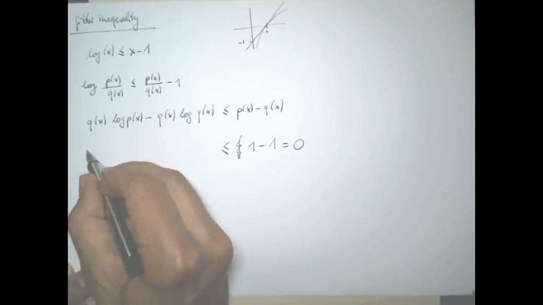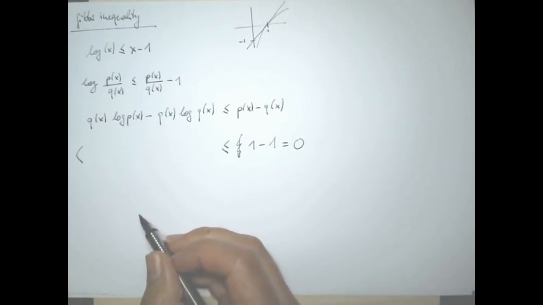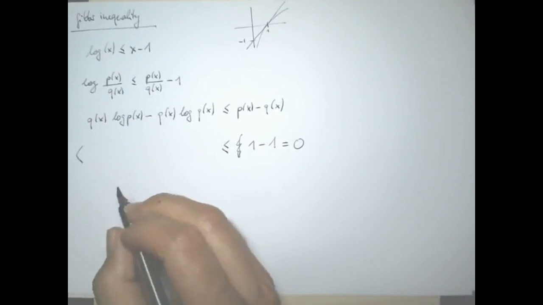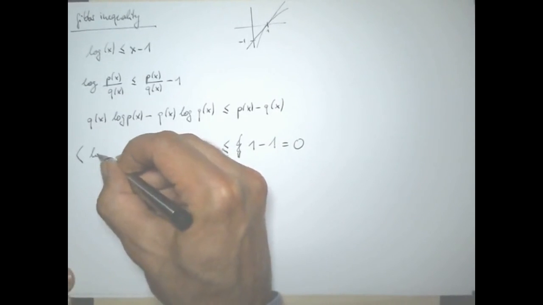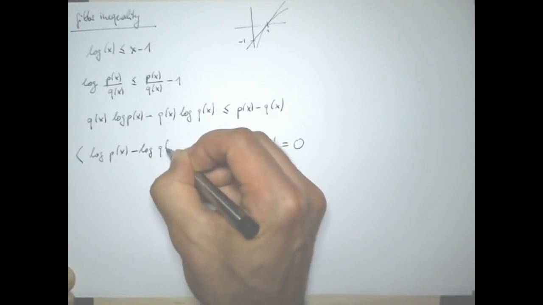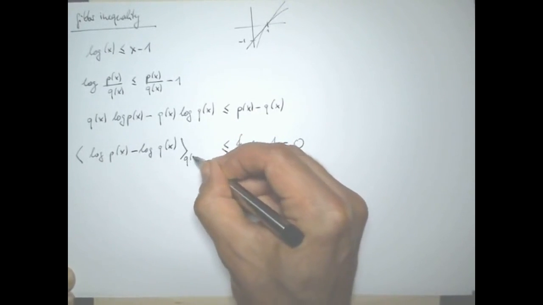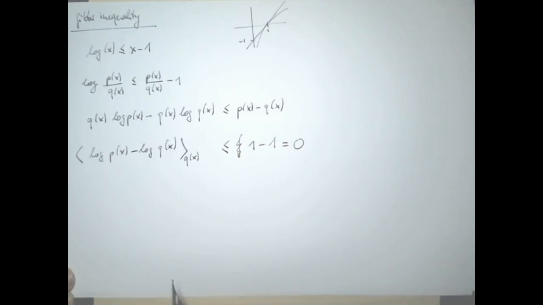And here again, using this notation, which comprises both integration and summation, I can write it as log p of x minus log q of x. And the expectation is taken with respect to this distribution here.